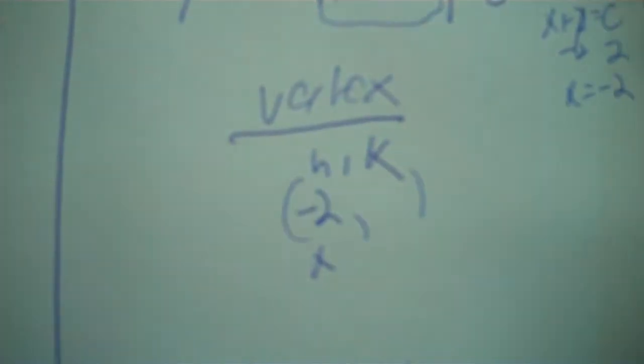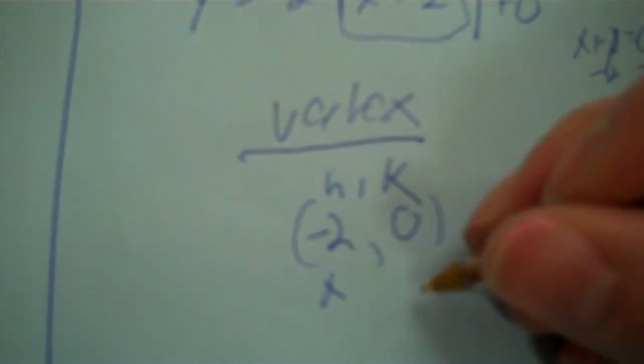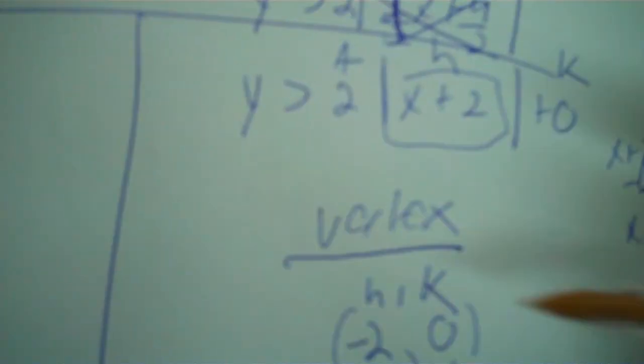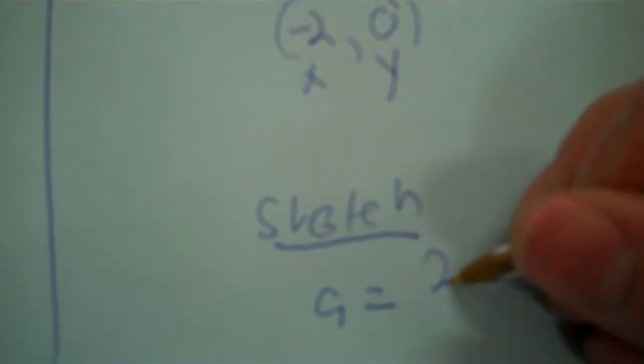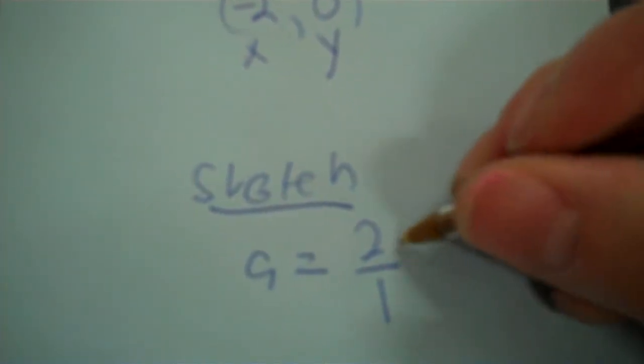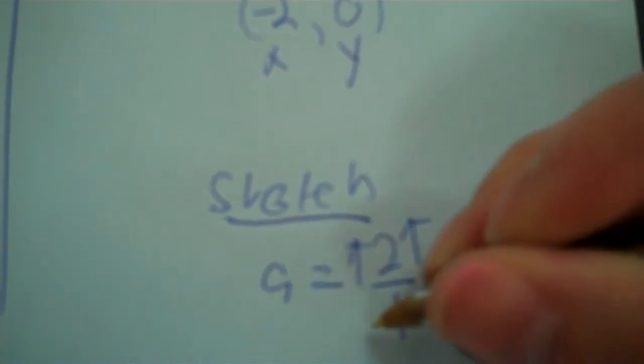It's an x factor. K is the 0, that's a y, okay? Stretch is 2. So plot negative 2, 0, that's your vertex, and then up 2, forward 1, up 2, backward 1. Okay, it would be a dashed v.